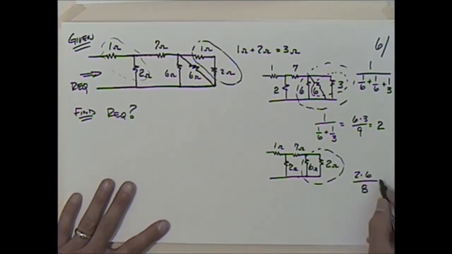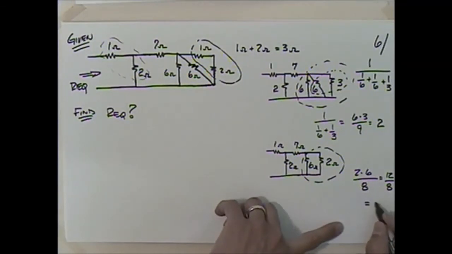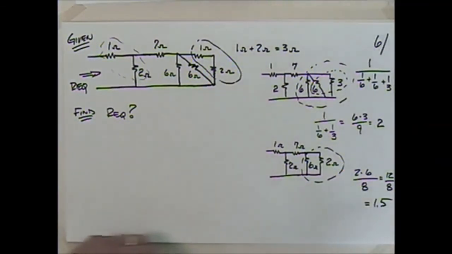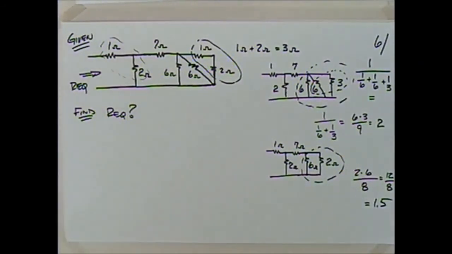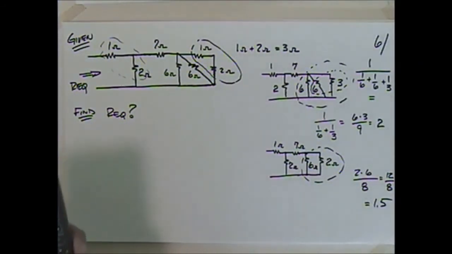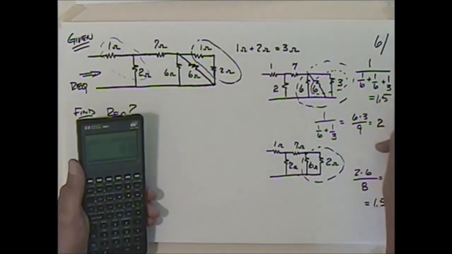So I get 12 over 8. Is that 1.5? Is that what we get there? Let me double check. Yeah, 1.5.